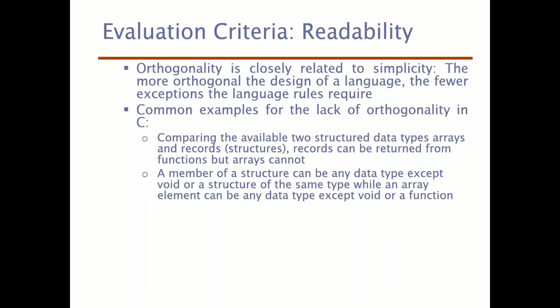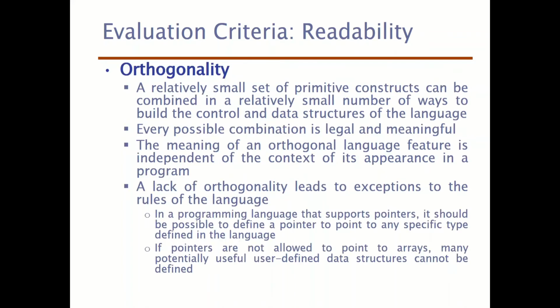And we can't use that one as a member in this case. How about arrays? Arrays, you can have any type except void or a function. These are also exceptions. So these usually create a problem with orthogonality. I explained about those earlier. I mean also the misplacement of elements.